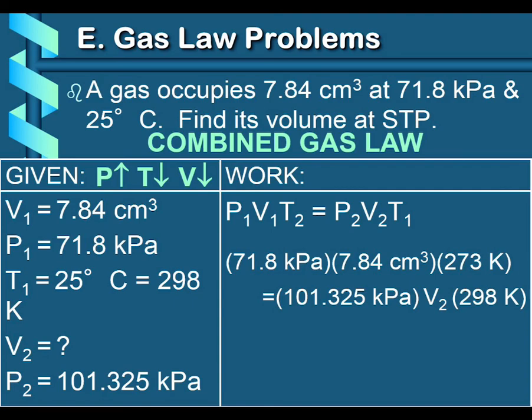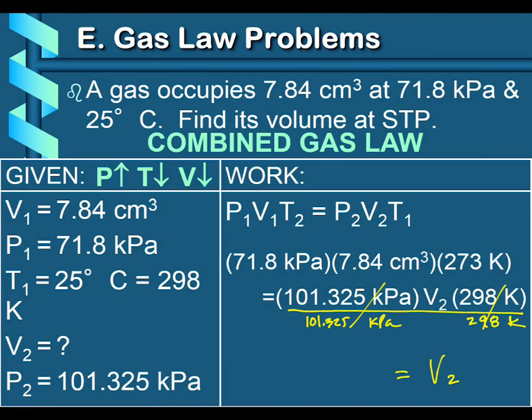So when you do the math on this one, you would divide this side by your 101.325 kPa. That also gets divided on the other side, and your 298 Kelvin is divided on the other side, so that all of this cancels and you will be left with V2.